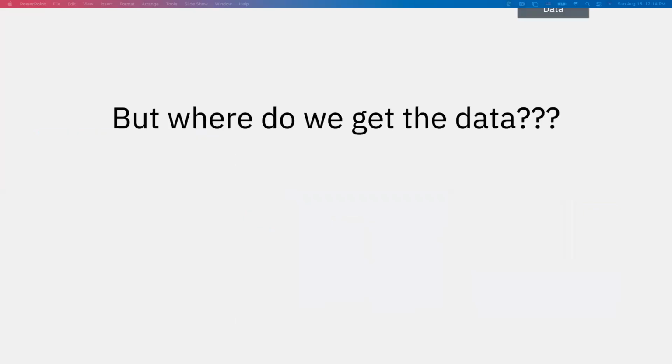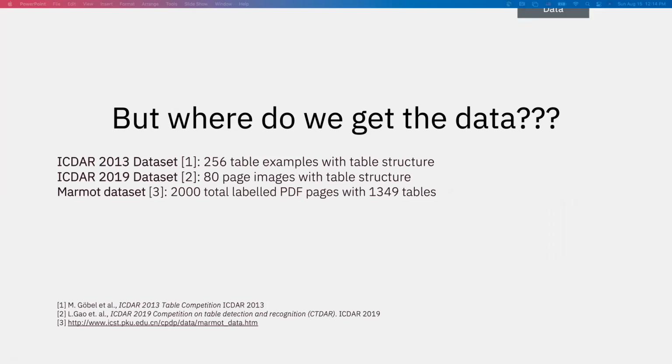So let's look at a few things. First, where do we get the data? Unlike in computer vision, where we have multiple existing data sets, the most famous one probably being ImageNet that you can leverage, for table extraction it's not so simple.